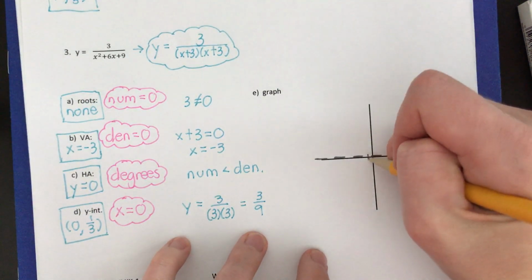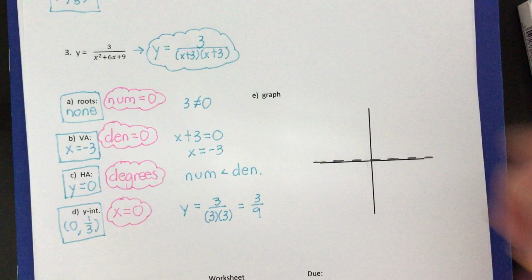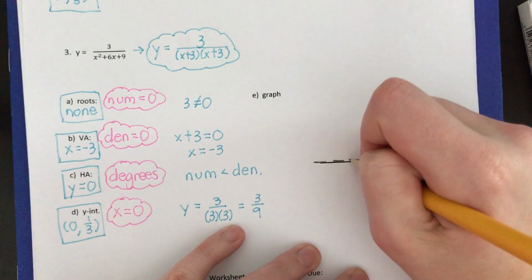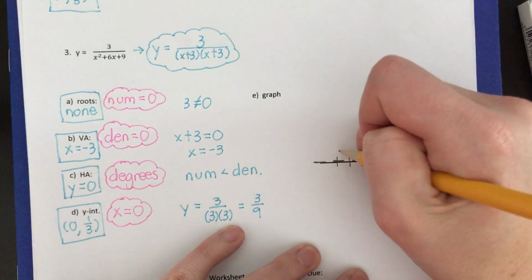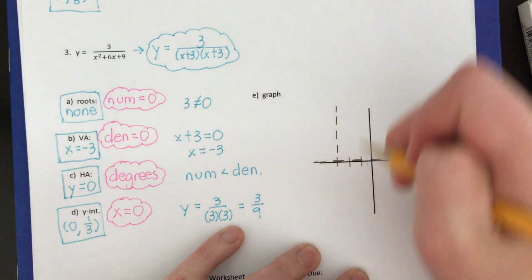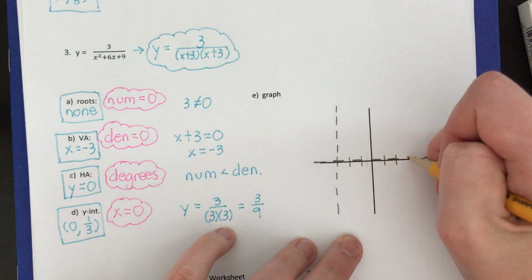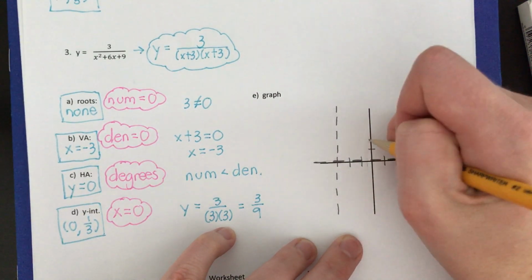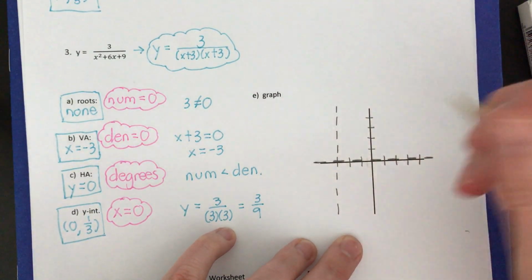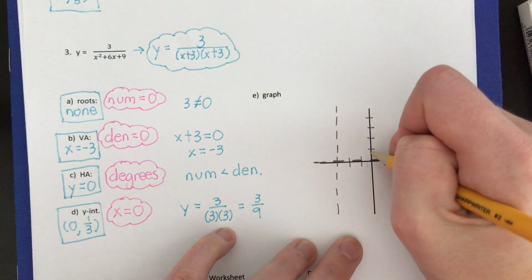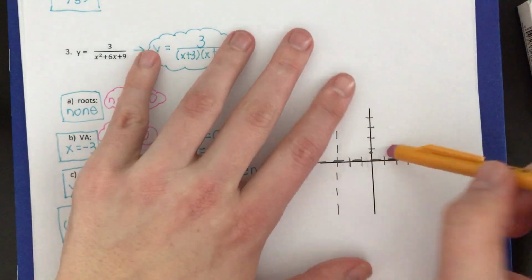My VA, oops, that's definitely way too small. My VA is at x equals -3. I have a y-intercept at 1/3.